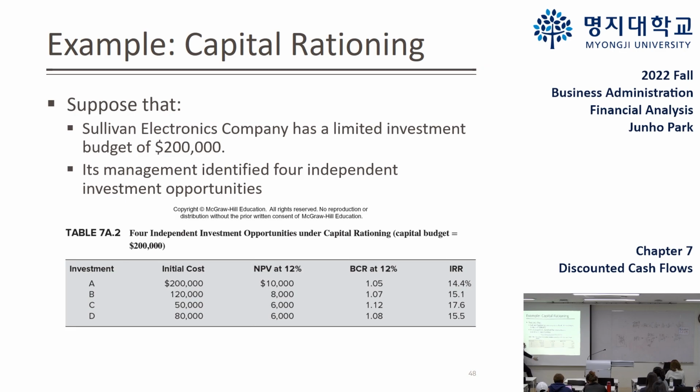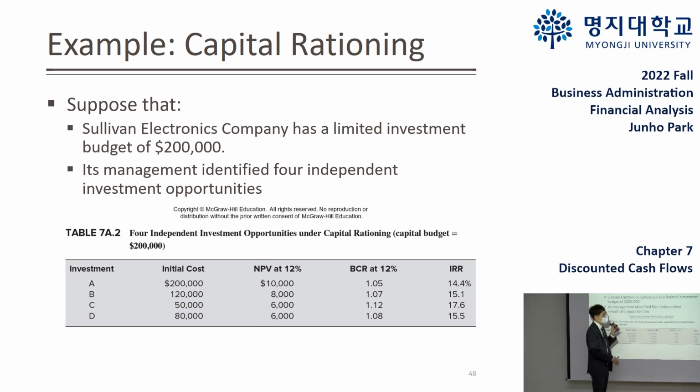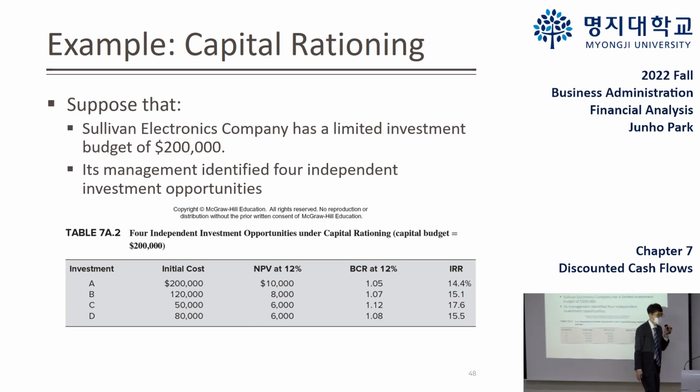So it depends on your situation. So it depends on your capital budget. So in this kind of capital rationing situation, then you have to choose some other projects if you would not have choose in case of no capital rationing.